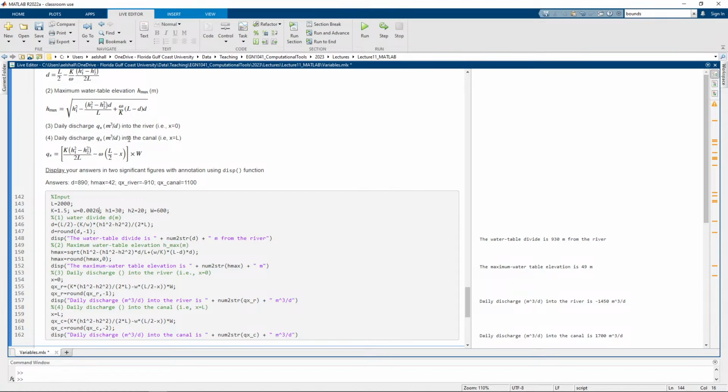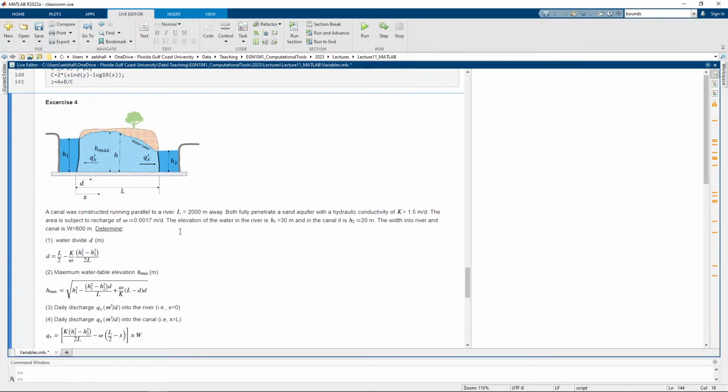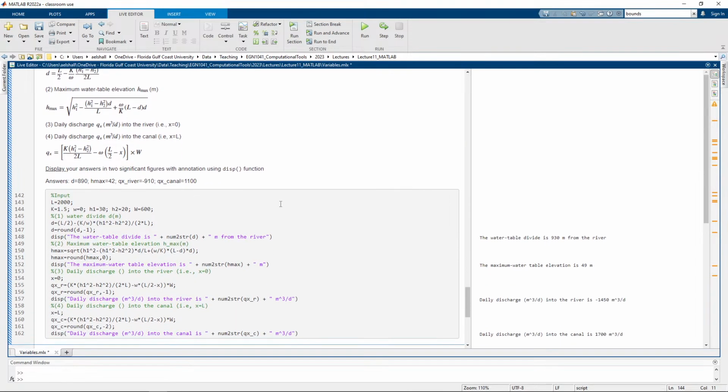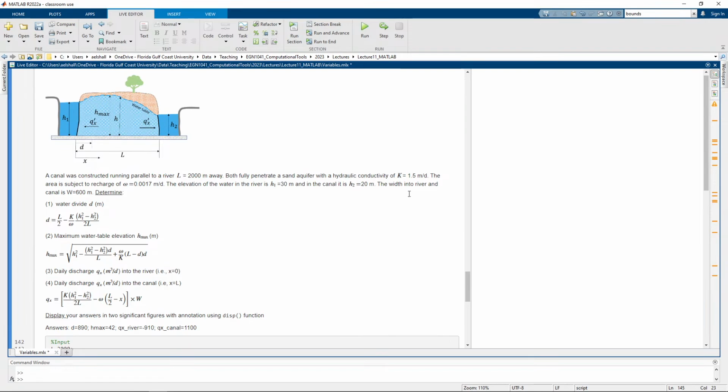What if there's no recharge, like nothing is infiltrating from here, it's just water flowing from here to here? That's an interesting situation. If I want to test what if there is no recharge, what will happen? If there is no recharge, the water table divide is minus infinity, and that's exactly what we expect.